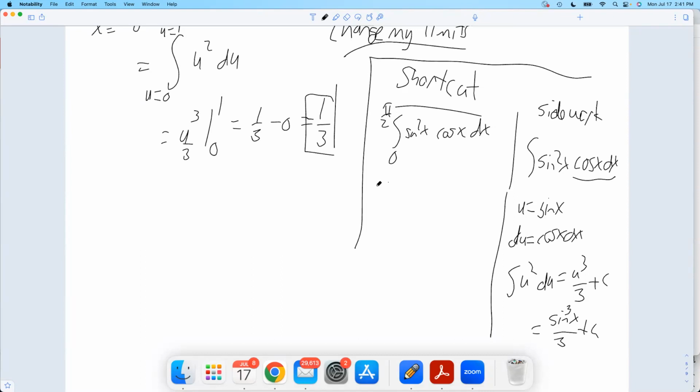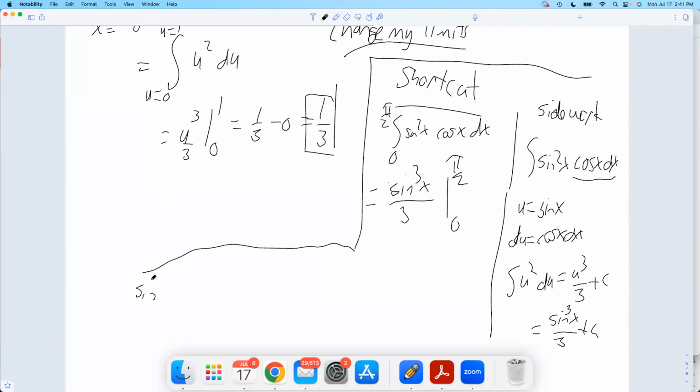This definite integral, I know this guy's antiderivative is sine cubed x over 3, evaluated, because this is a definite integral, from 0 to pi over 2. And now I can just do everything in terms of x.